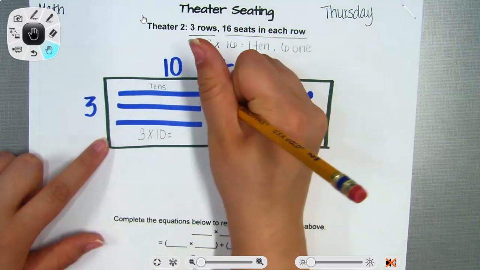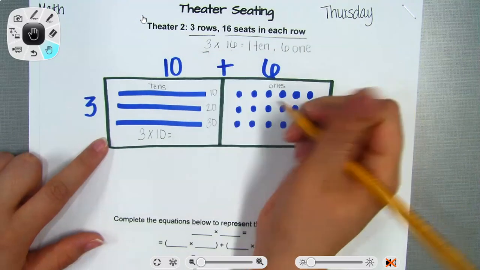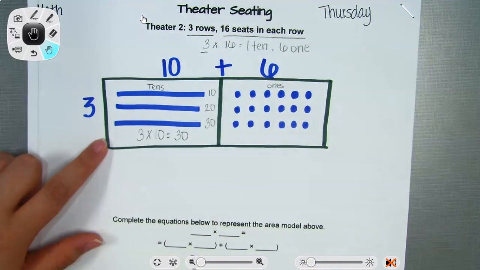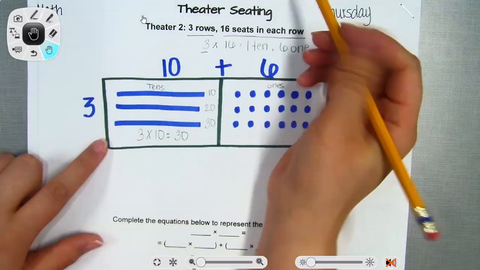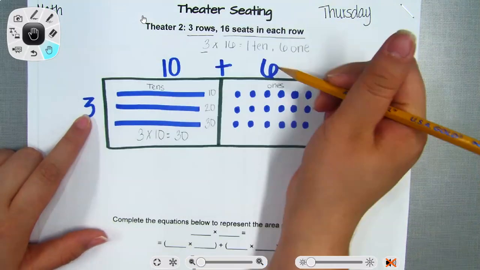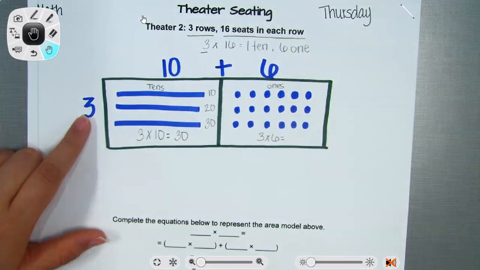So I can say 10, 20, 30. Okay. So 3 times 10 is 30. Now I'm going to take my rows and do my ones. So I have 3 rows of 6. So that's 3 times 6.